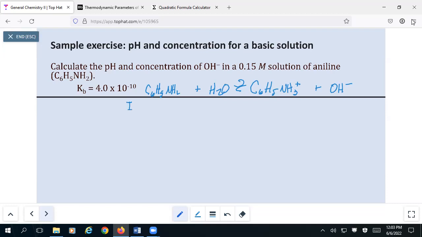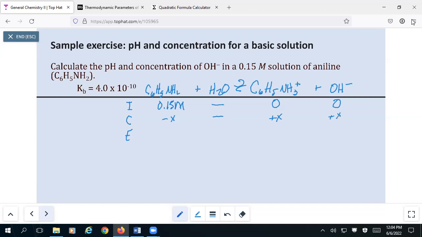Initial concentration for the aniline was 0.15 molar. Don't care about the water's concentration. Initial concentration of the anilinium and the hydroxide ion would be both 0. Our ice table takes on some familiar territory.